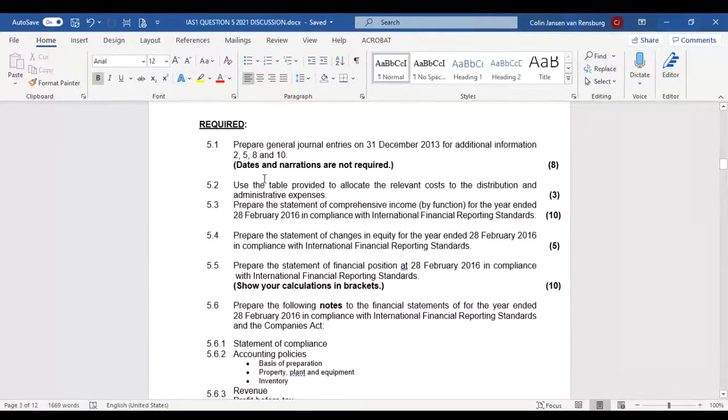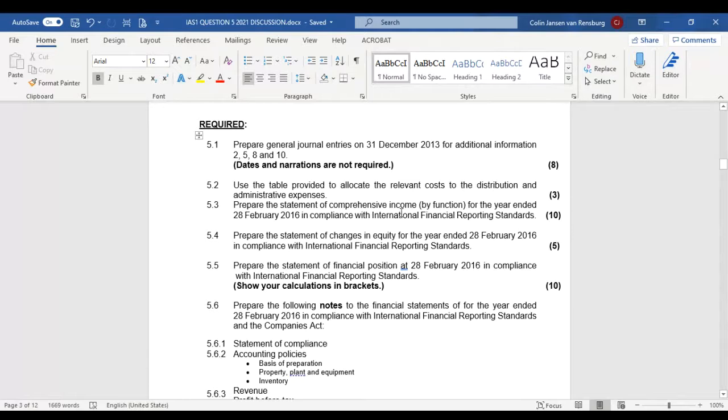5.1, they say prepare general journal entries on the 31st of December 2013 for additional information, paragraphs 2, 5, 8, and 10. So clearly we know that we are going to have to do some journal entries. Then in 5.2, use the table provided to allocate the relevant costs to the distribution and administrative expenses.